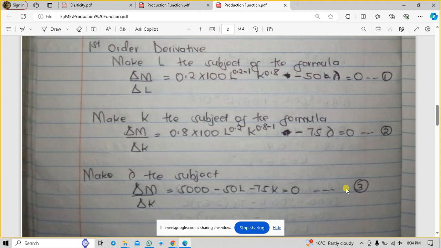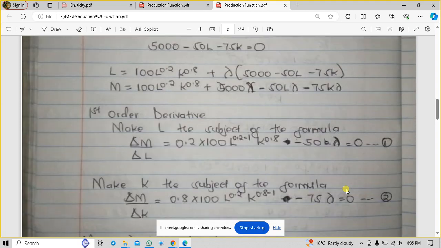This 100 is at the beginning of the equation, so that's why we are using it, 0.8 times 100, or 0.2 times 100, according to the rules of differentiation.